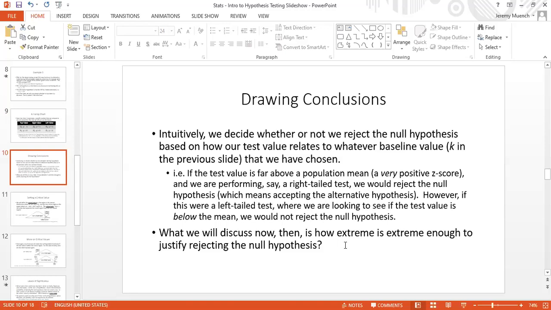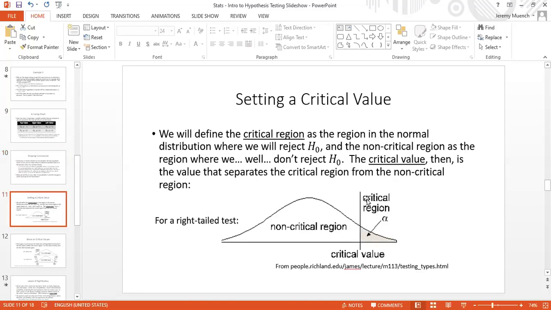So anyway, let's talk about how extreme is extreme enough to justify rejecting a null. I hinted at this in the last video, and now we're going to look at it properly. The critical region is going to be the location where we say, hey, this is enough that we're going to reject the null hypothesis.